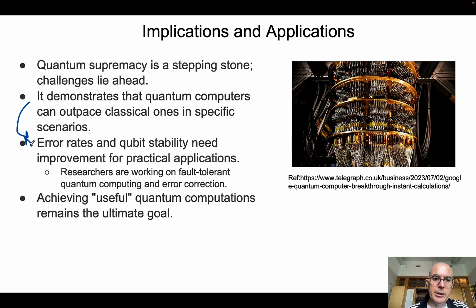We need improvement in error rates and qubit stability in order to enable practical applications. In fact, many researchers, including Google ones, are working on fault-tolerant quantum computing algorithms and error correction. Most important, and this is extremely important for us, achieving useful quantum computation remains the ultimate goal of all researchers in quantum computing.